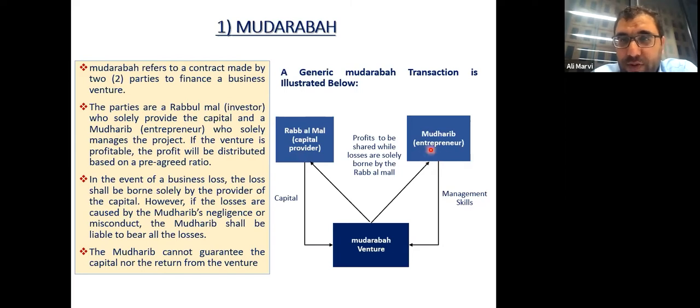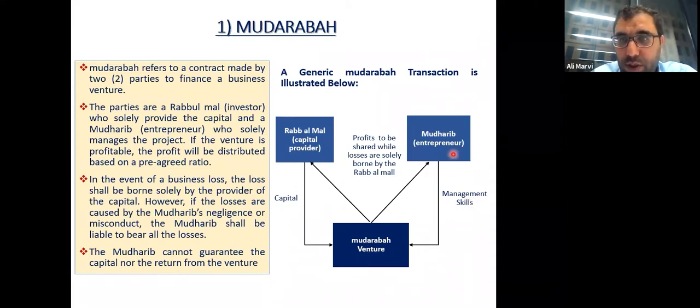And we have the entrepreneur, or Mudarib, here, or Karafarin in Farsi, Mudarib in Arabic, and entrepreneur in English. And actually they signed a contract, the Mudaraba contract or Mudaraba venture.